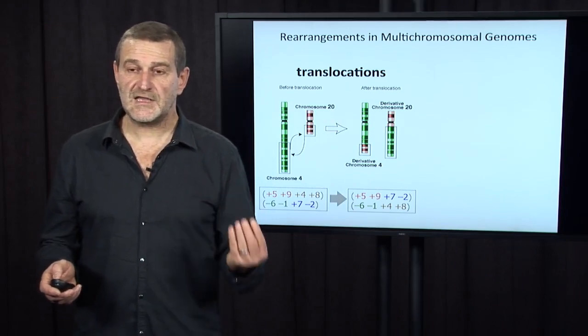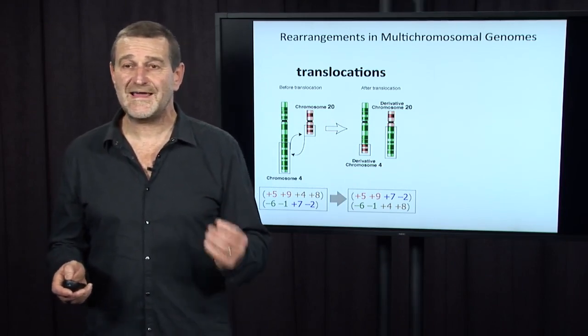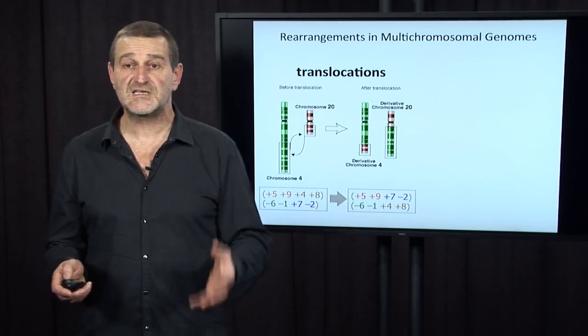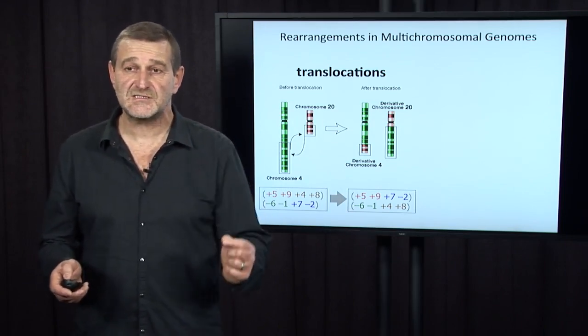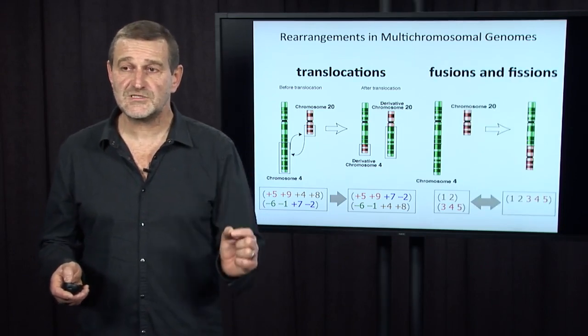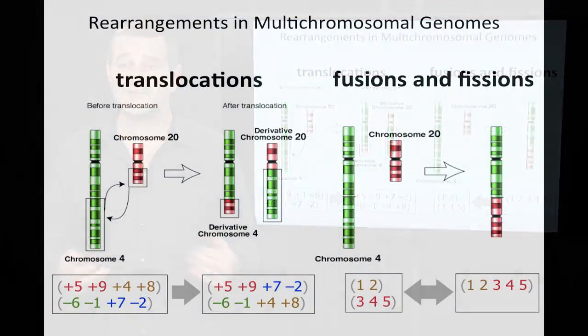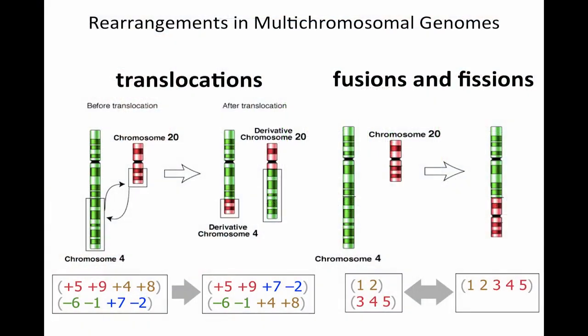In the next section, we will look at operations on multichromosomal genomes that include not only translocations, but also fusions and fissions. For example, fusion simply combines two chromosomes, gluing them together, and fission breaks a chromosome into two.